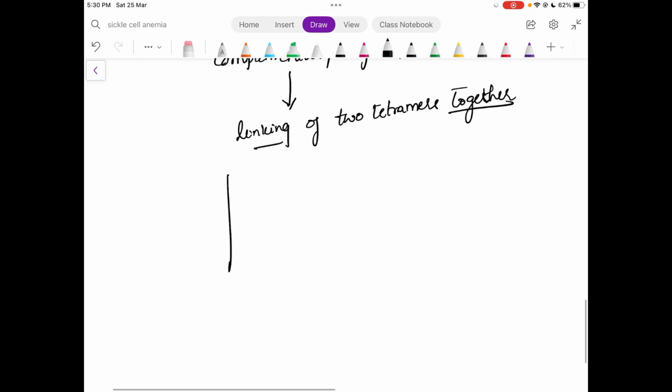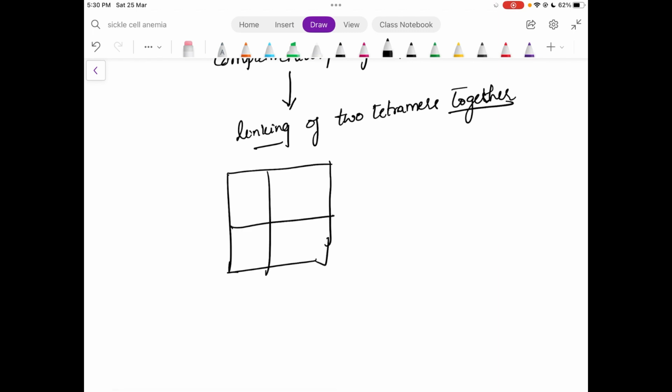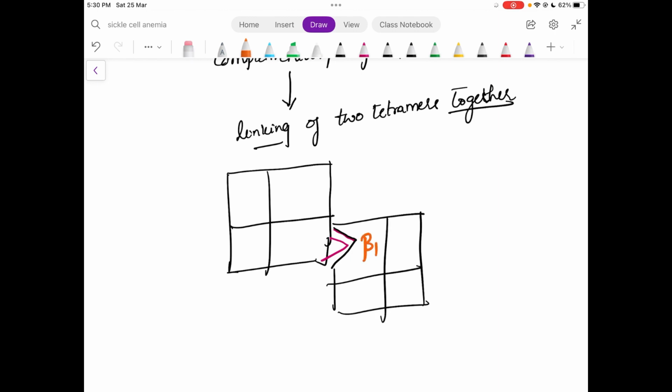That means this is a sticky patch and we have a complementary hydrophobic patch, so that this is beta 1, this is beta 2, this is beta 1, this is beta 2, and this is alpha 1, this is alpha 2, this is alpha 1, this is alpha 2.